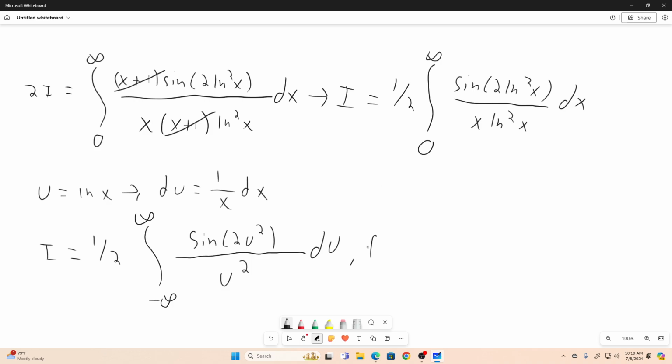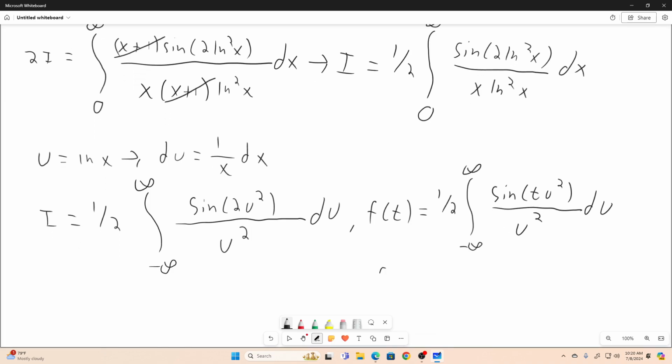Let's create a function of t equal to 1/2 the integral from negative infinity to infinity of, you guessed it, sine of t u squared over u squared du, noting that f of 0 is equal to 0 and f of 2 is equal to our original integral.